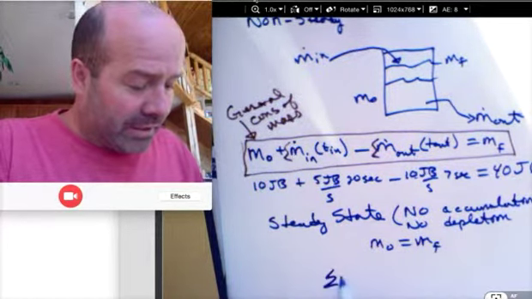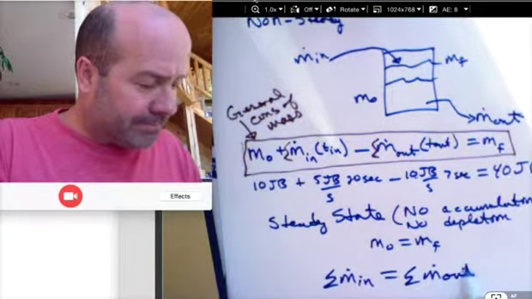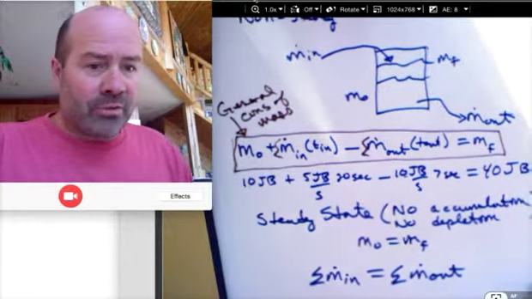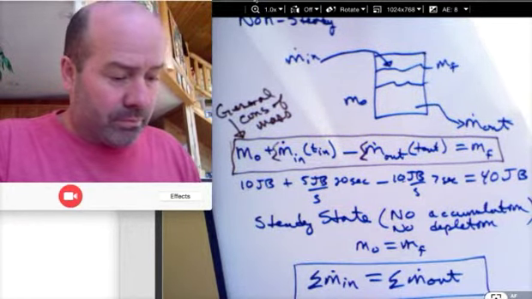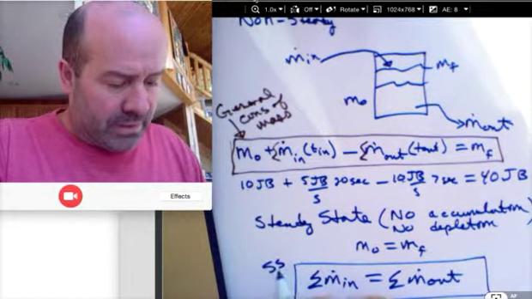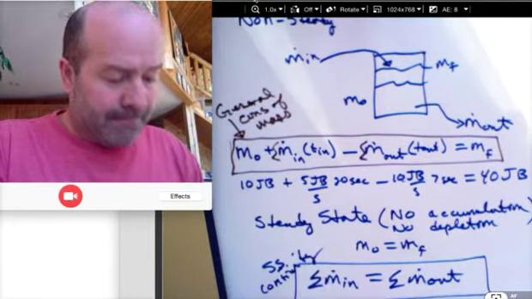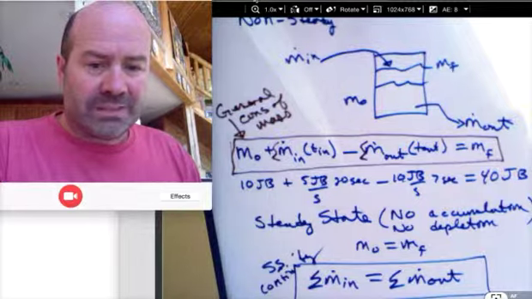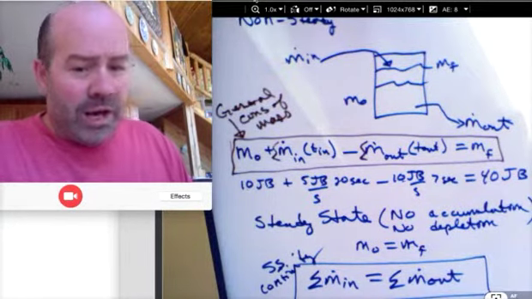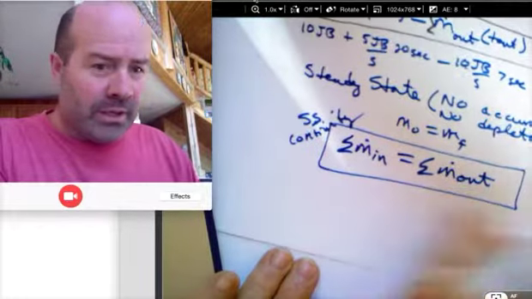So basically you get that the sum of the mass flow rates in has to equal the sum of the mass flow rates out. And if there's only one mass flow rate in and one mass flow rate out, it's equal. Steady state continuity. That's not that hard. I call it the gazintas equals the gazadas. Whatever goes in has to equal whatever goes out.